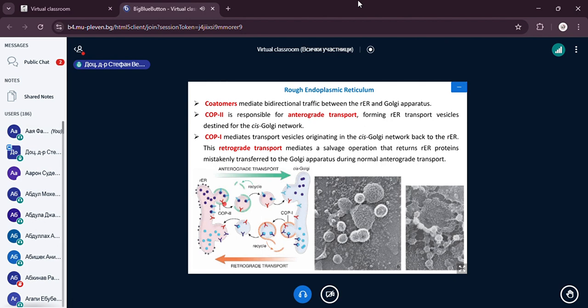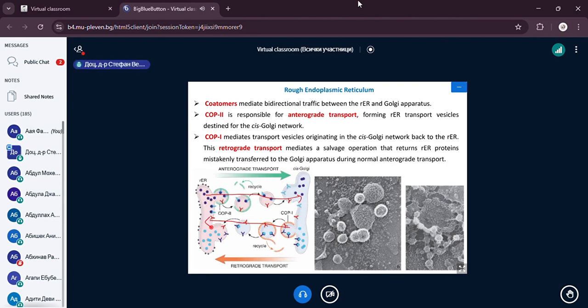Vesicles coated with coatomer type 2 are responsible for the transportation from the endoplasmic reticulum to the Golgi apparatus. This is called anterograde transportation. In the opposite direction, from the Golgi apparatus to the endoplasmic reticulum, the transportation happens via vesicles coated with coatomer type 1.